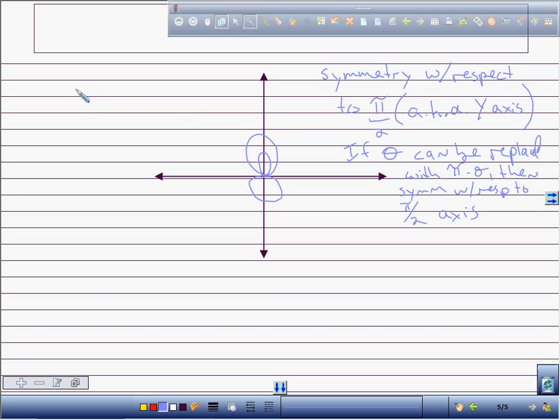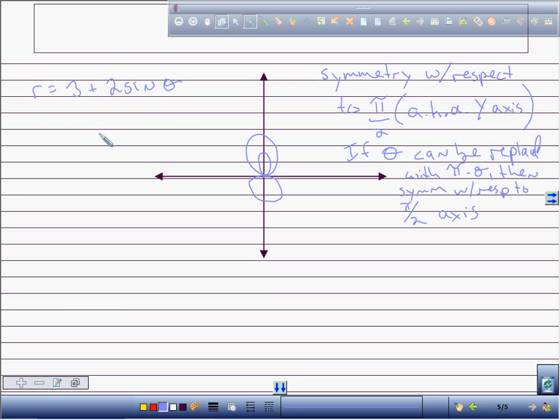So for example, say I have something like 3 plus 2 sine theta. Now I told you already that if it's just plain old sine, without a cosine in here as well, and without an r squared, it's going to have symmetry.